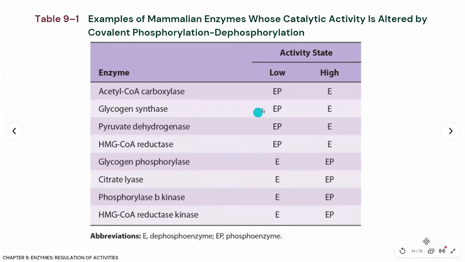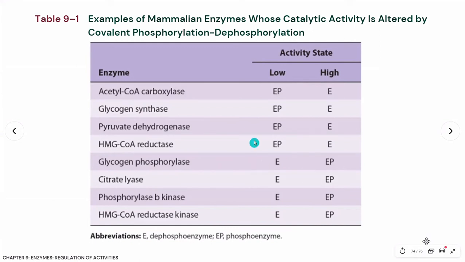Now, for example, you have glycogen synthase and glycogen phosphorylase. They are opposite, because glycogen synthase produces glycogen from glucose, while glycogen phosphorylase degrades glycogen back to glucose.